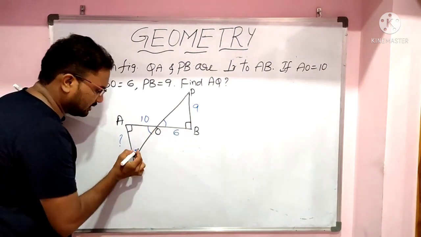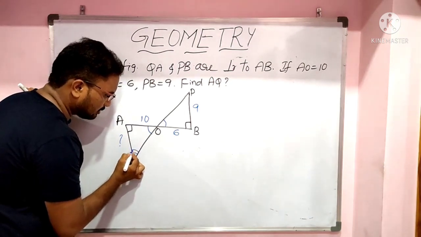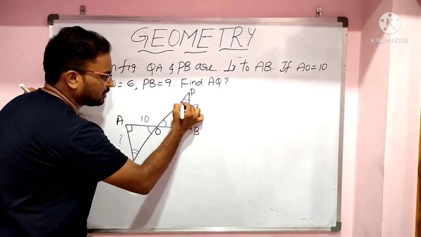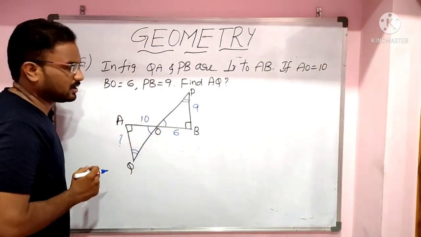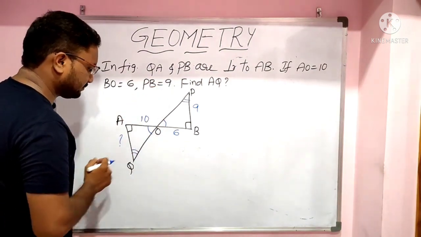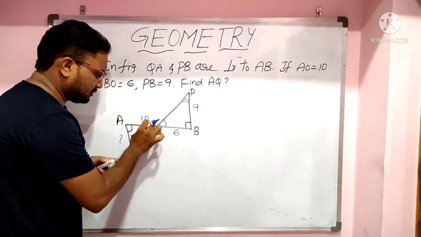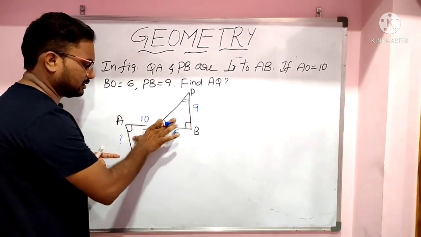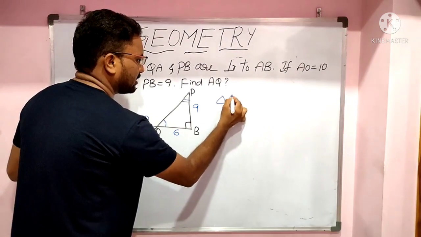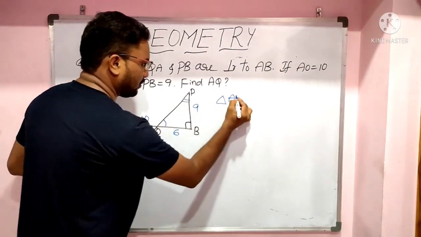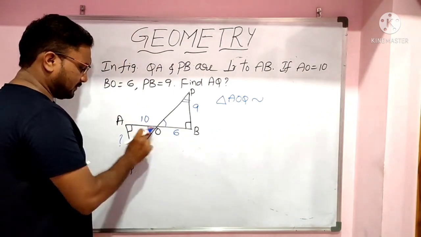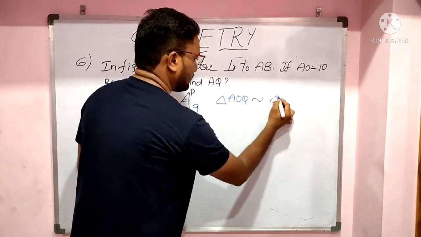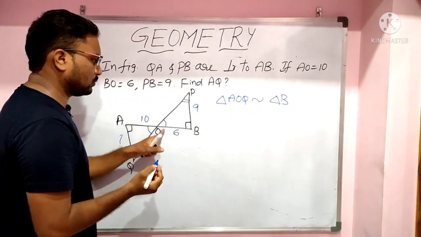So automatically the third angles must also be equal. Hence these two triangles are similar. Triangle AOQ is similar to triangle BOP.